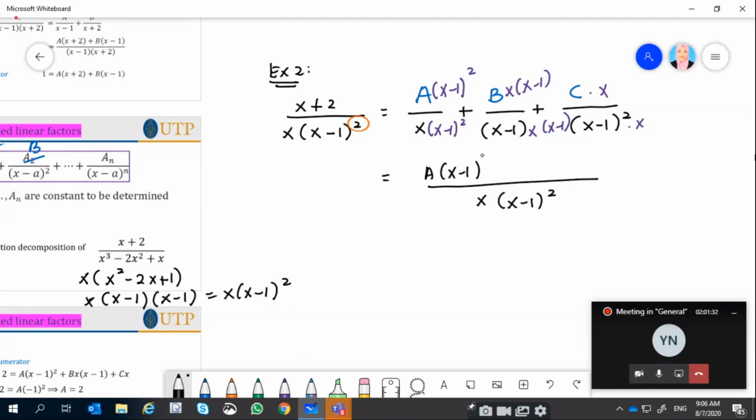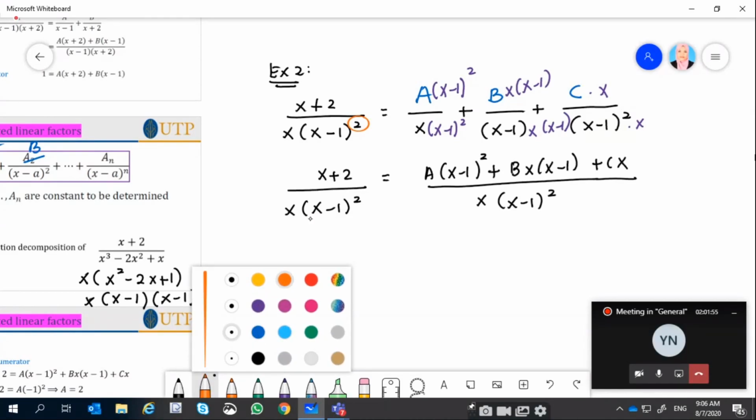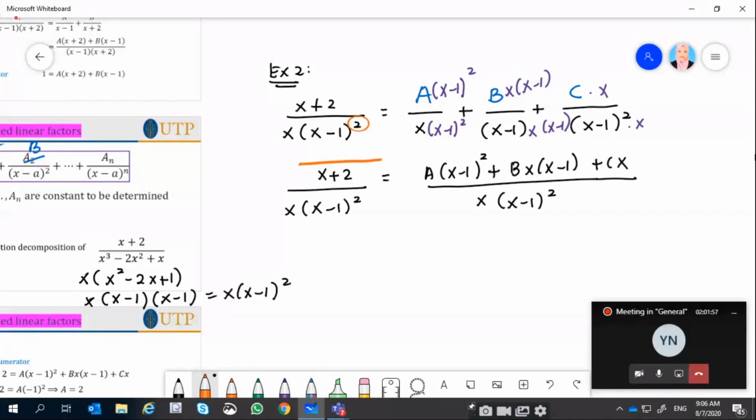So now you will have this at the numerator part, plus cs. Can you see here the numerator part will become complicated now? Since the denominator is already the same, you just compare the numerator part. We have to expand everything if you use the second approach.